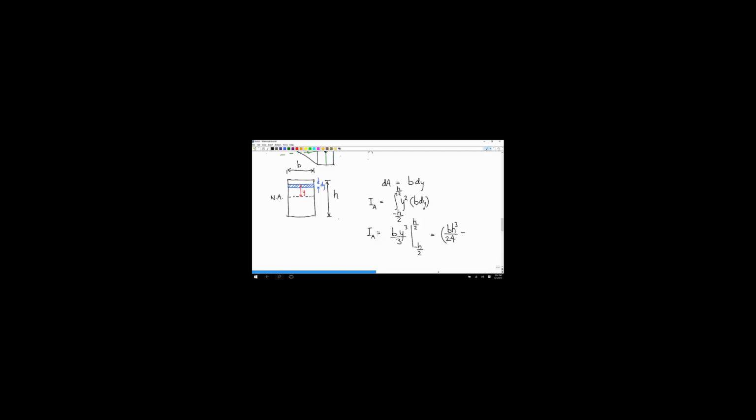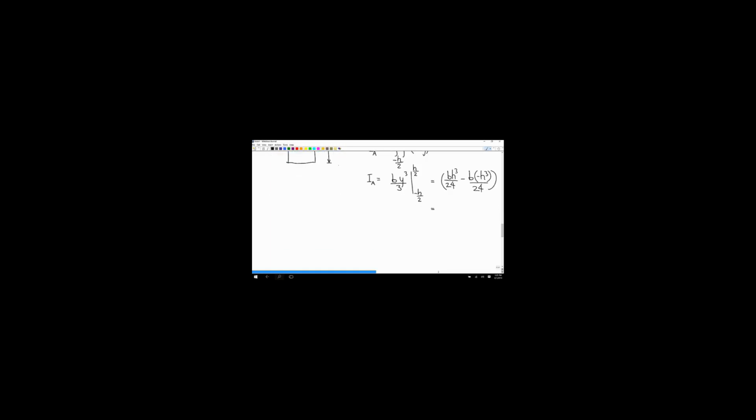And then minus b times, since this is a cubic, that negative comes through, so we have negative h cubed over 24 for the same reason. And so we come up with a formula: 2bh cubed over 24 is bh cubed over 12.